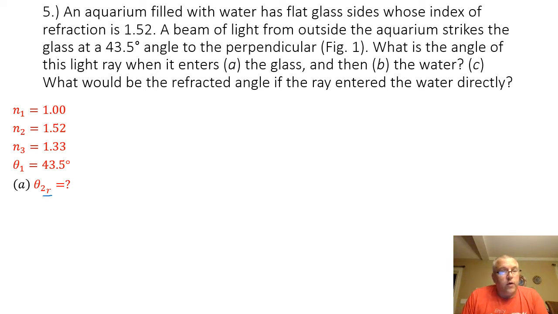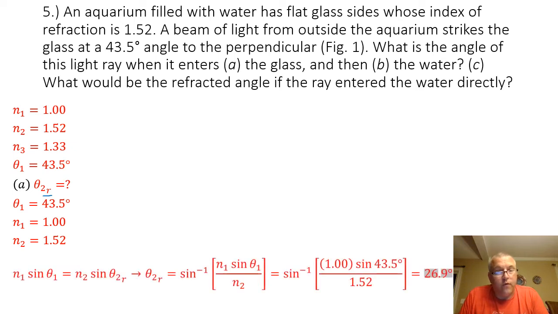So again, I know n1 is 1, n2 is 1.52. I'm going to use Snell's law to solve for theta 2 and the refracted angle into the glass. So solving for theta 2r is going to give me theta 2r equals the inverse sine of n1 sine theta 1 divided by n2.